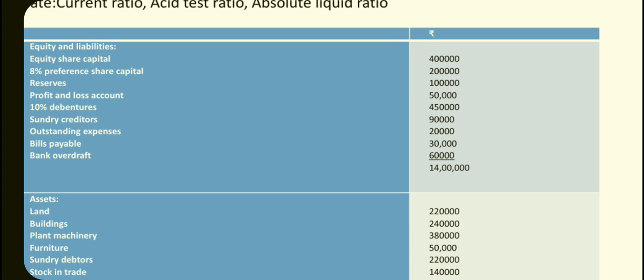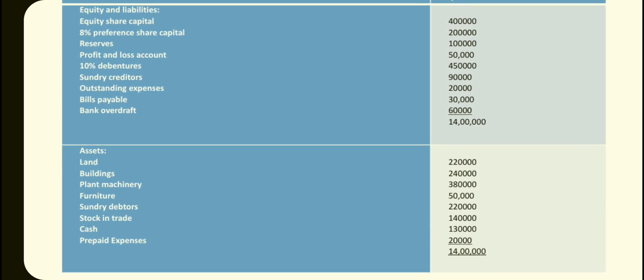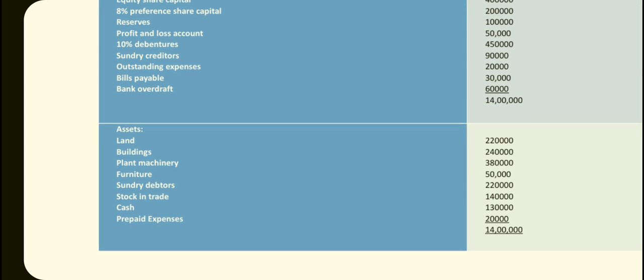sundry creditors 90,000 rupees, outstanding expenses 20,000 rupees, bills payable 30,000 rupees, bank overdraft 60,000 rupees, total 14 lakh rupees. Let us try to understand what is given on the asset side.